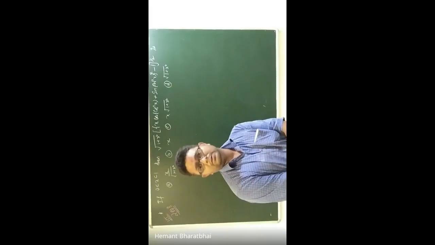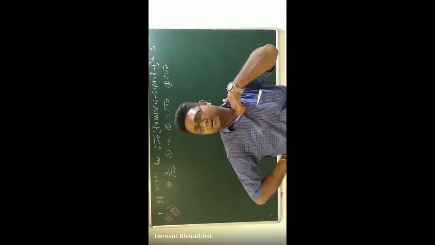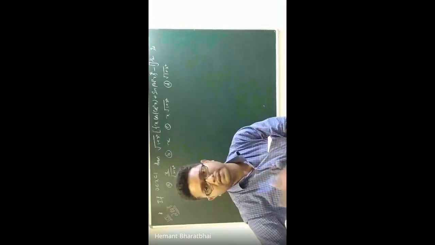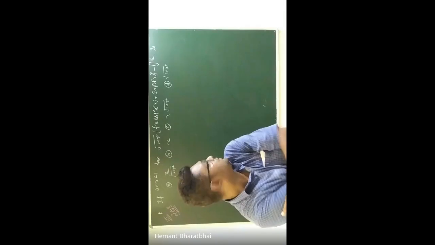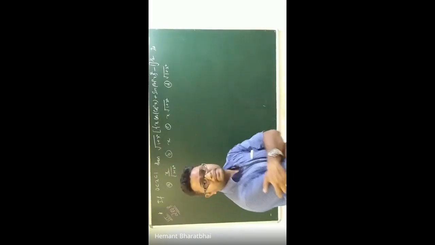So somehow it should strike in our mind that we have to cancel all this cot inverse of x or sine cot inverse of x, whatever we have, it should get cancelled out. Only if we are successfully able to cancel out, we'll be able to get the answer which is in terms of x.